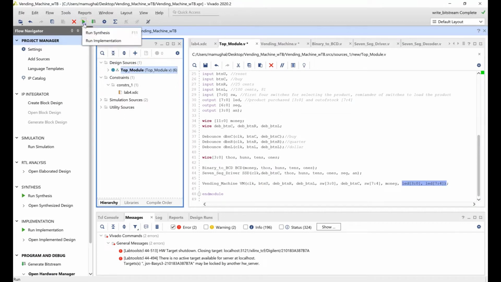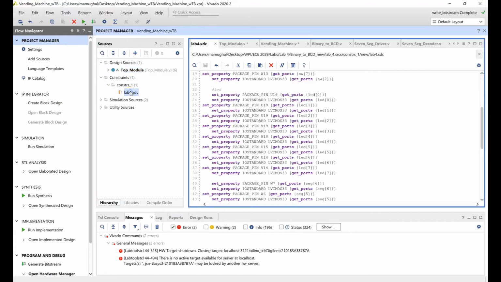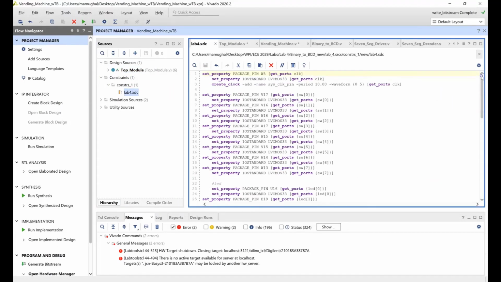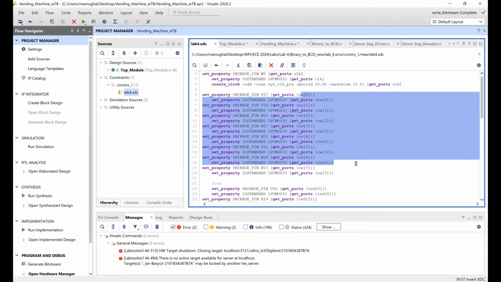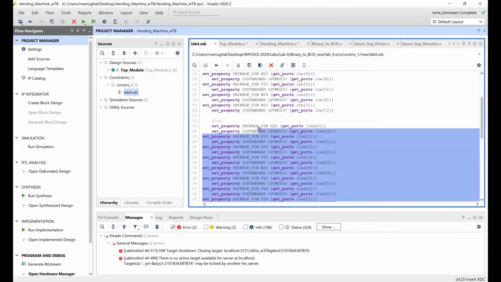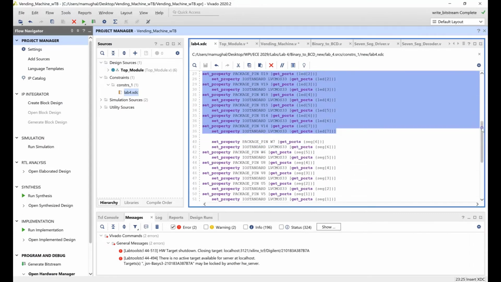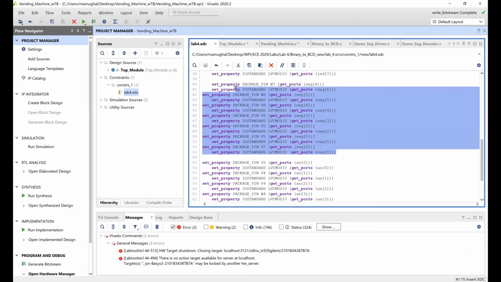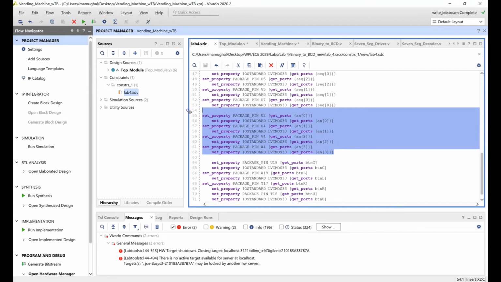At this point, all you want to do is run implementation, but don't forget to put your constraint file up in there as well. So you need a clock here, you need the 8 switches, you need the 8 LEDs here, you would need the 7 segments, and then the 4 enablers right here, and then finally you will need the 4 push buttons.